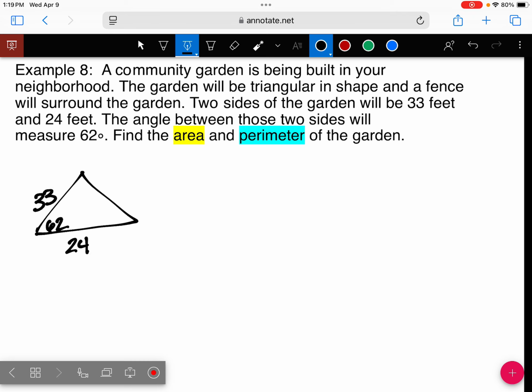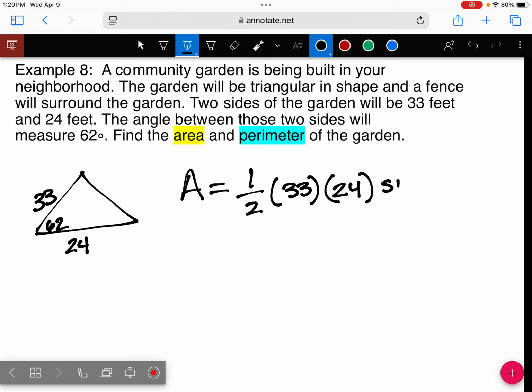So finding the area is simple, because we can use our sine area formula. If you have 2 sides and the included angle, we just take 1/2 times our 2 sides and then the sine of 62 degrees.